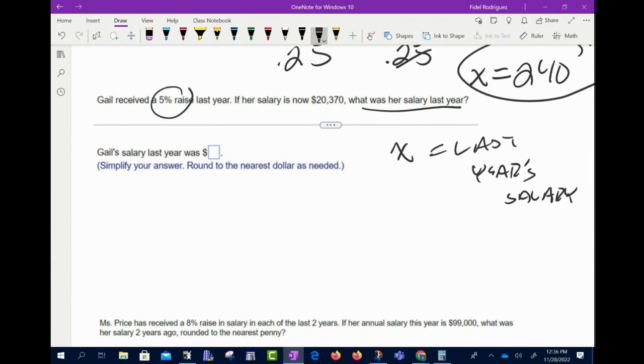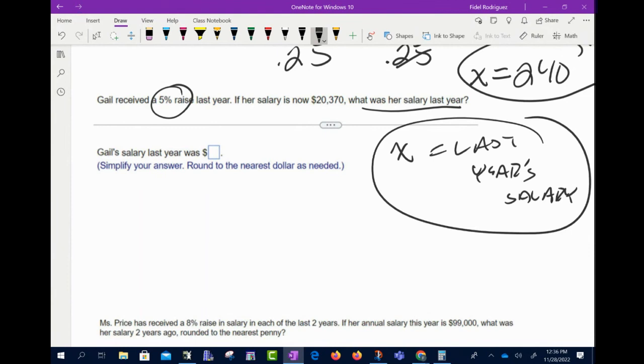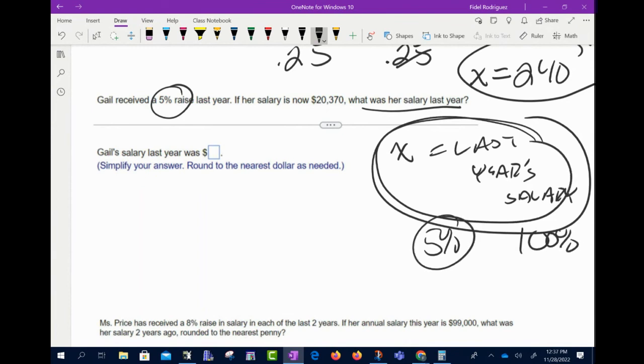Okay, now she got a 5% raise, right? So that means that we took not just her salary that she had before, but we also took an additional 5%. So y'all, the easiest way to think about this thing is we're going to take all of her salary, which is 100% of her salary, and we're going to add another 5%.